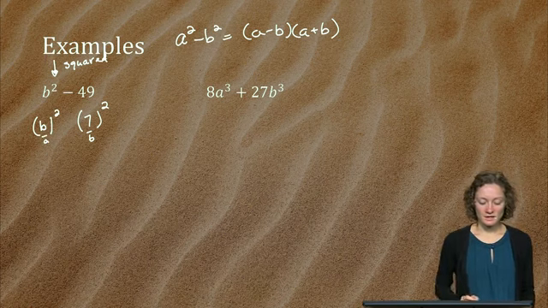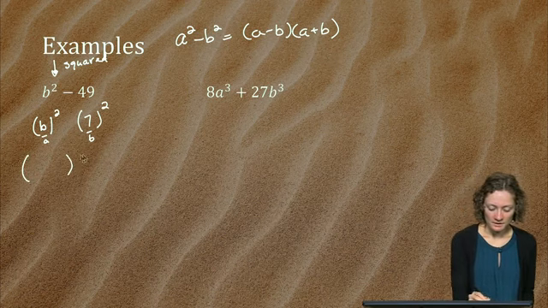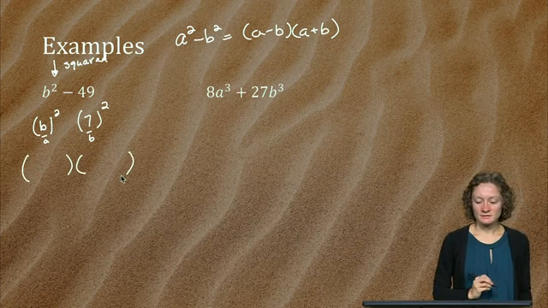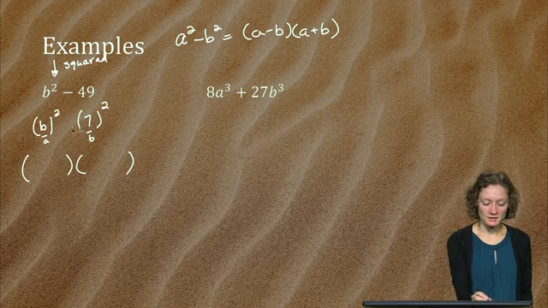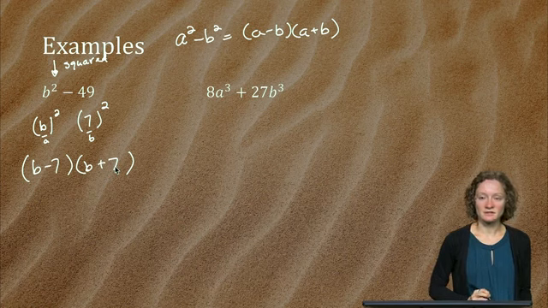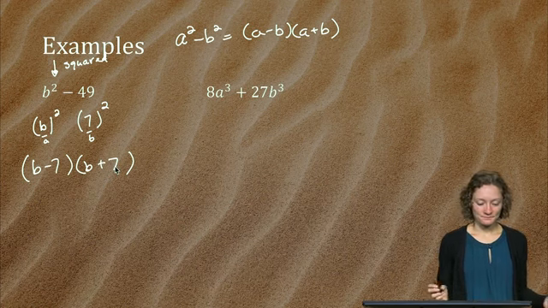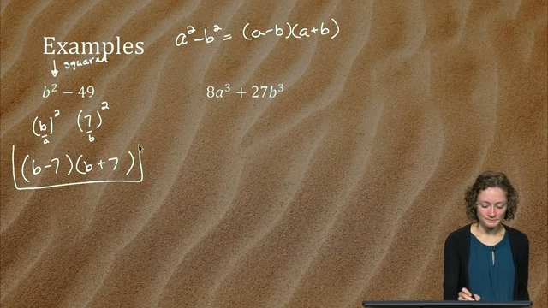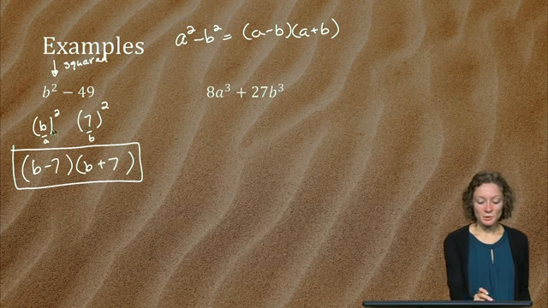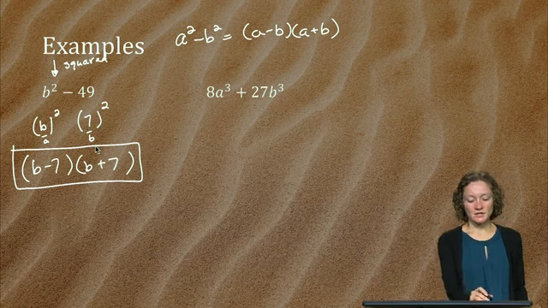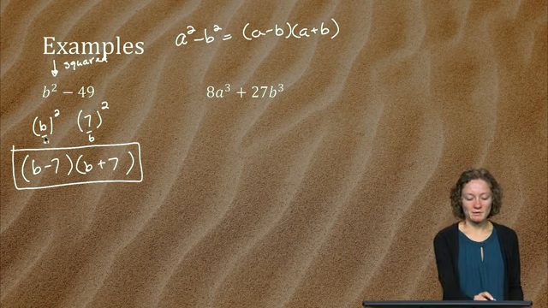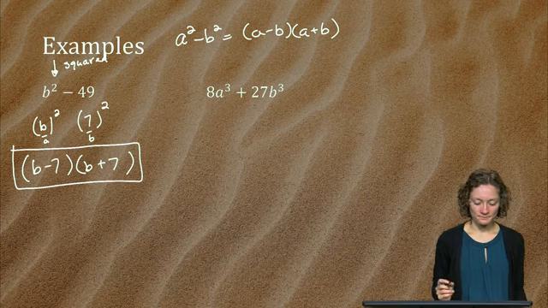So this is our a. This is the a and b that we're plugging into this formula. So it gets set up like this, a minus b, a plus b. So b minus 7, b plus 7. And that's it. Difference of squares is pretty simple. You just need to know what the bases are. And you might look at this and be able to fill in the formula without writing it in this format, but it'll help when we go to the sum difference of cubes to see it in this format.